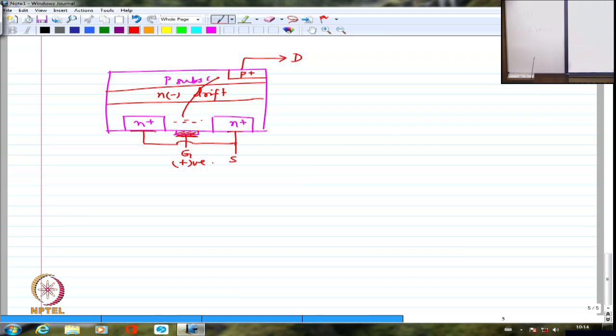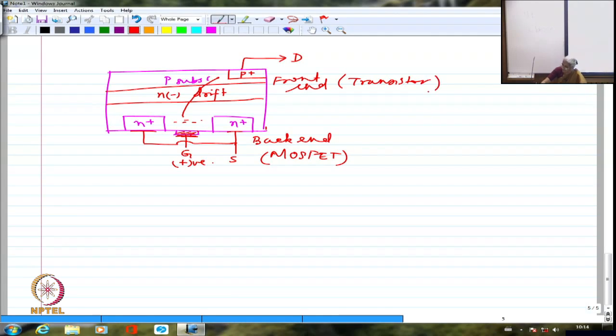So I am essentially going to have this portion, that is, if I say that this is the back end, this back end is similar to a MOSFET. Whereas if I talk about this, the front end is similar to a transistor. The front end is similar to a transistor, and the back end is similar to a MOSFET.